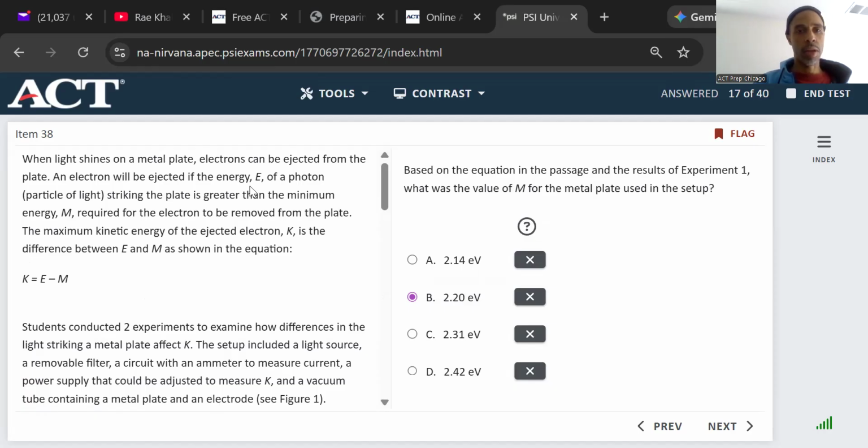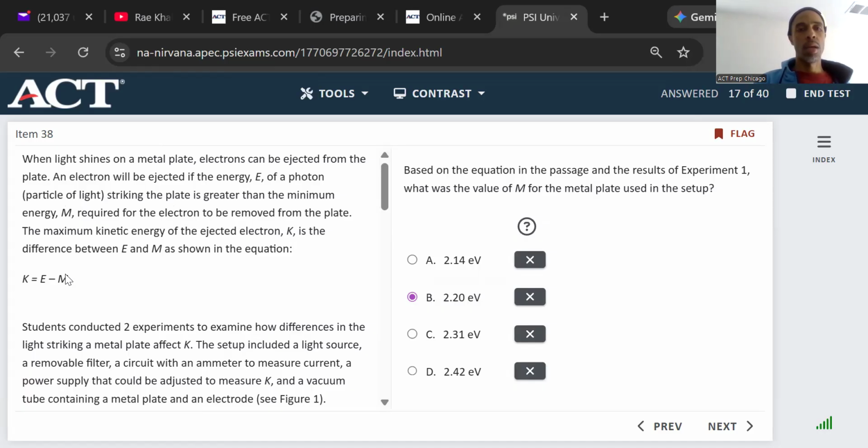An electron will be ejected if the energy of a photon striking the plate is greater than the minimum energy required for the electron to be removed from the plate. Oh, I got you. So if the energy striking the plate is greater than the energy M required for the electron to be removed from the plate, the maximum kinetic energy of the ejected electron K is the difference between E and M as shown in the equation.